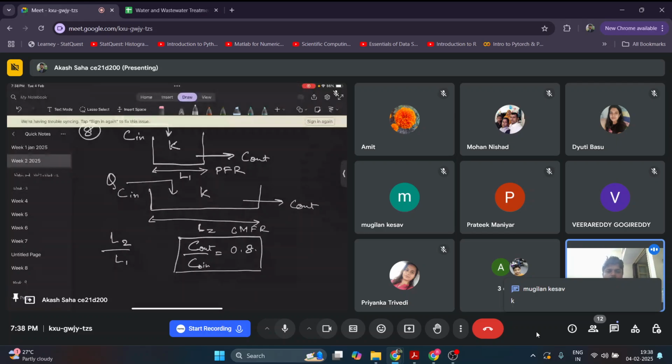No, K is the rate of reaction. I am asking how much degradation happened for the pollutant. If my C out to C in ratio is 0.8, how much has it degraded? In percentage, you can tell me.